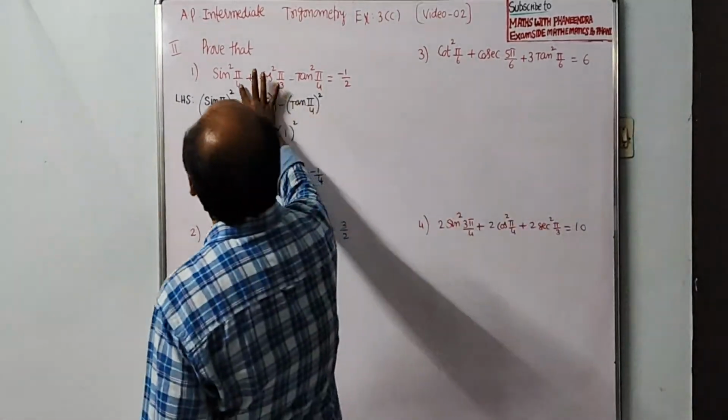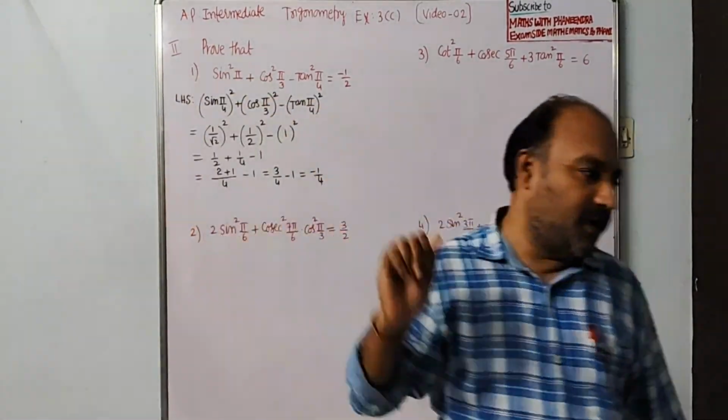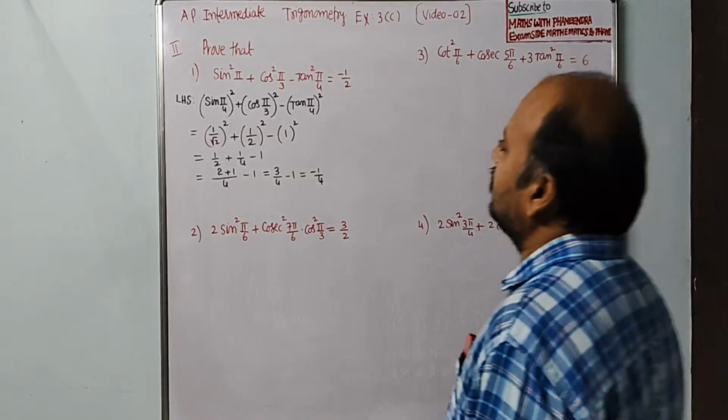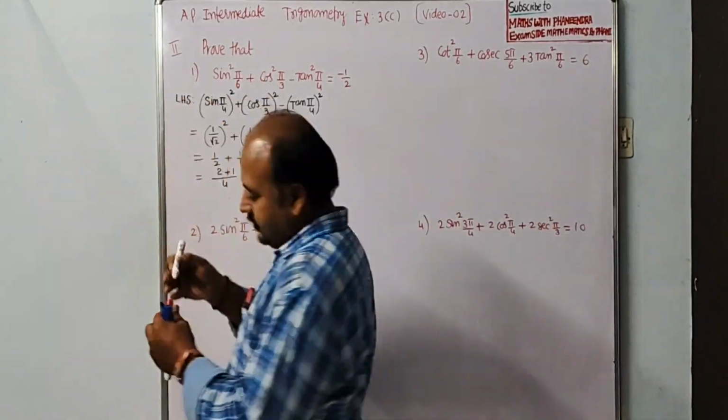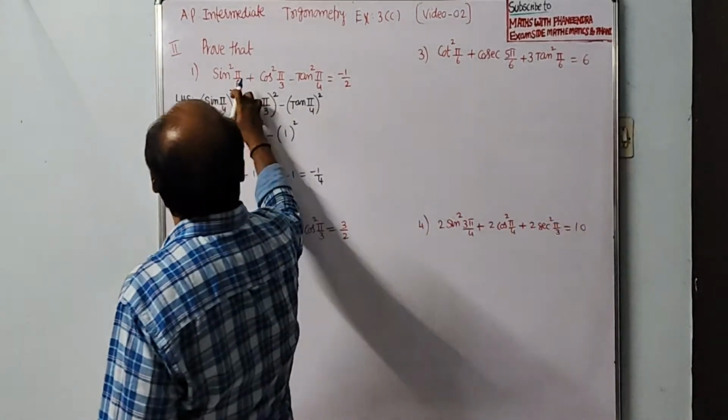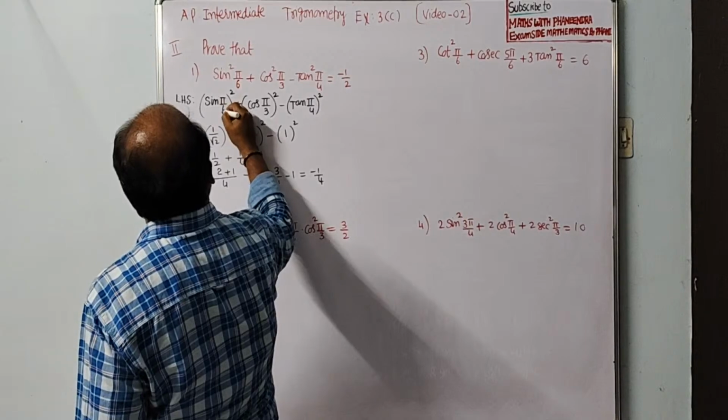This is sin pi by 6, I am very sorry. Sine square pi by 6. So based on that it changes. So pi by 6 means 30 degrees.